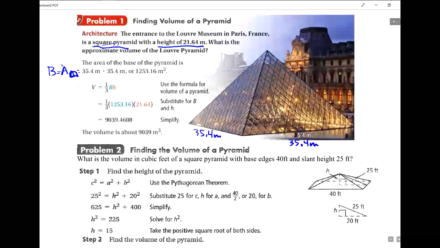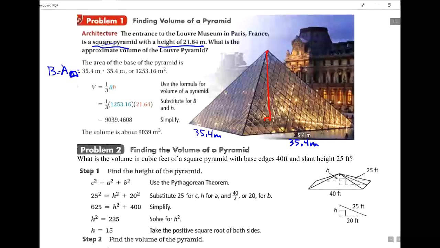And then we take the area of the base and substitute it in. And we are told that the height, which goes perpendicular to that, is 21.6. We simply put it into our formula, multiply it out, and get a volume of about 9,039.5 to the nearest tenth, cubic meters.